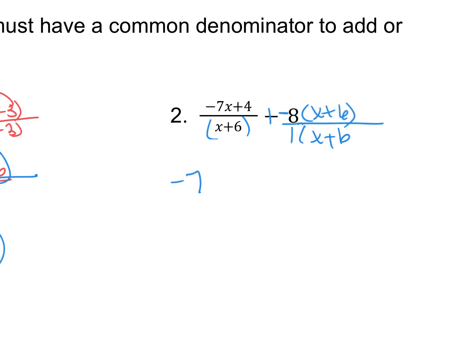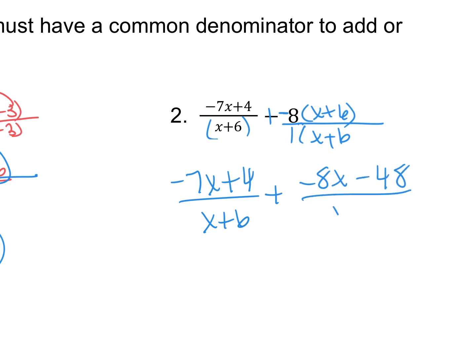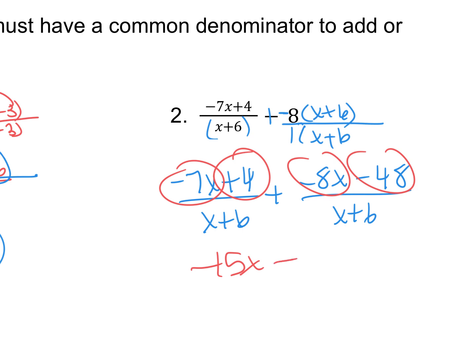And I would have negative 7x plus 4 over x plus 6 plus negative 8x minus 48 over x plus 6. When I combine my like terms, I would have negative 15x minus 44 over x plus 6.